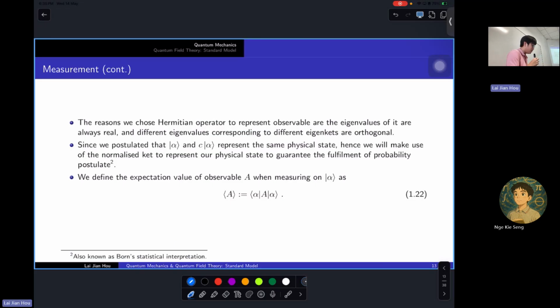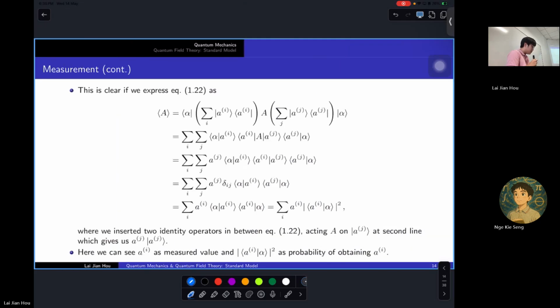First we define the expectation value of observable A as the operator acting on alpha, and we take the inner product between these two. Why do we want this definition? Because if we write it down in this equation, it becomes clear.